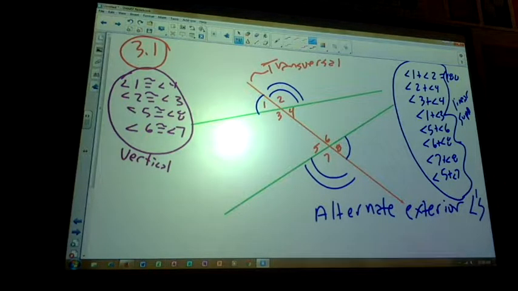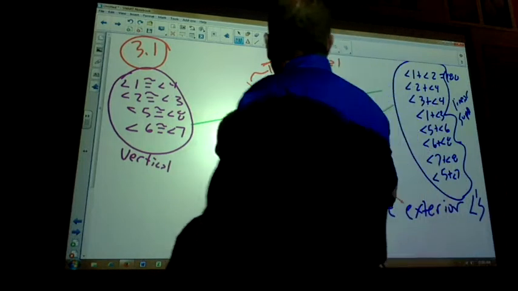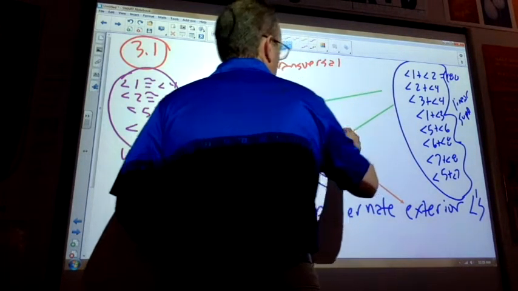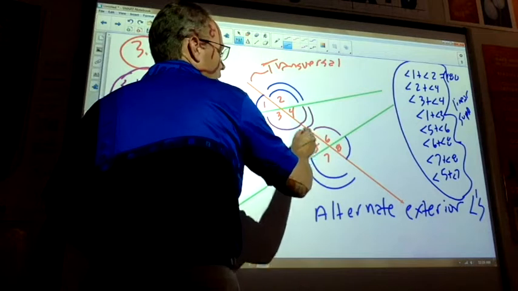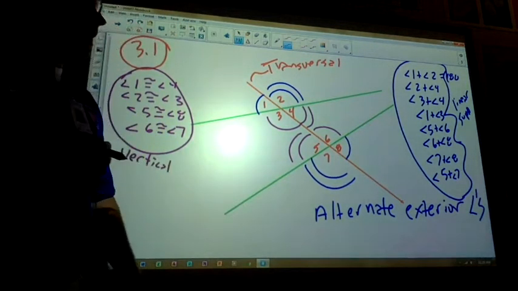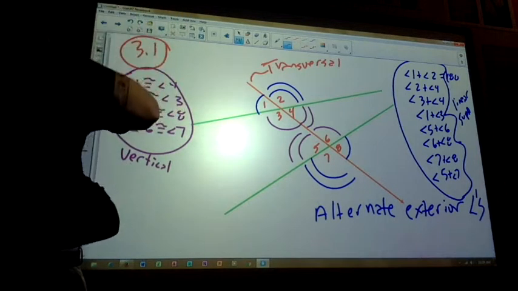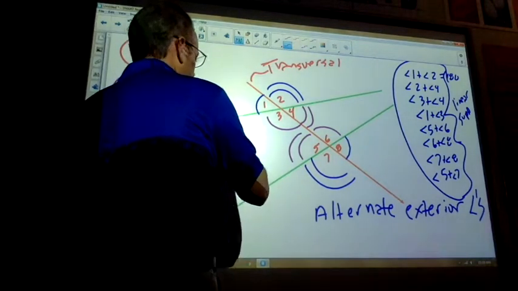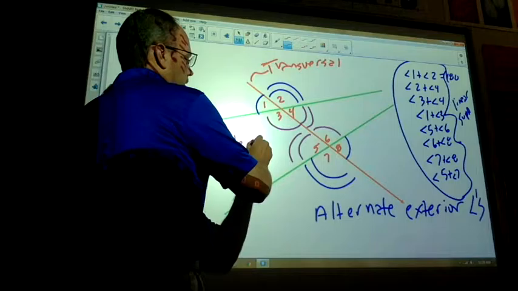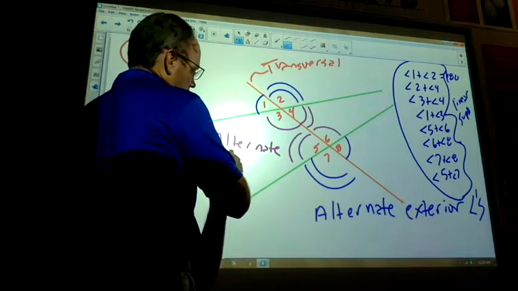Okay, so that's alternate interior. And so if those are alternate interior, what do you think 3 and 6 are and 4 and 5? Alternate interior because they're on the inside of the green line. So I have alternate interior angles.